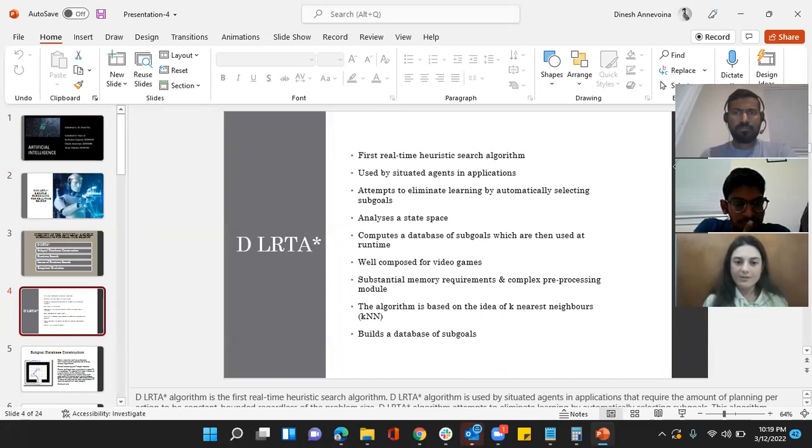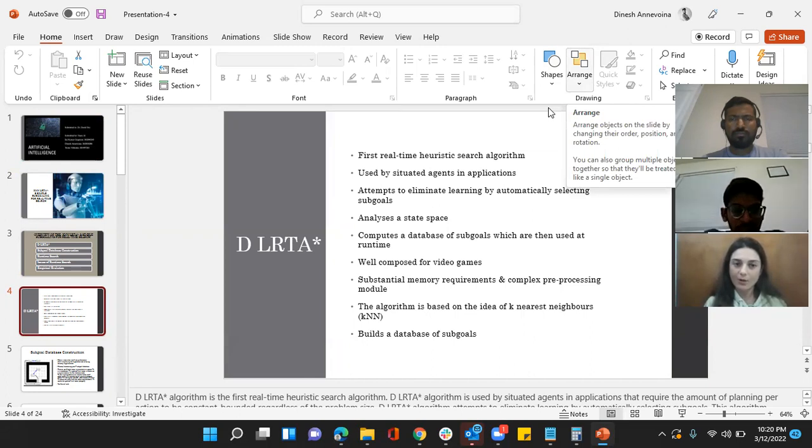The algorithm is the first real-time heuristic searching algorithm. It is used by agents in applications that require the amount of planning per action to be bounded regardless of the problem size. The algorithm attempts to eliminate learning by automatically selecting subgoals.